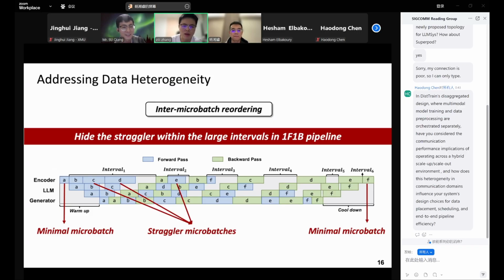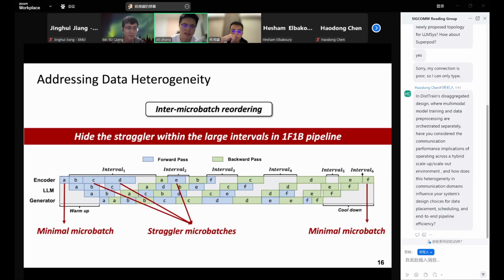In many works, there exist some designs. I think in Aaron Packer, an IO system paper, it reorders the data over a very long period, and it puts the long tail sequences very late and just processes the short sequences in the beginning.